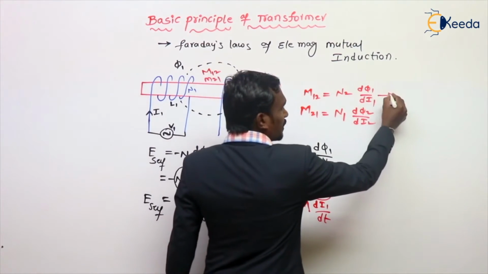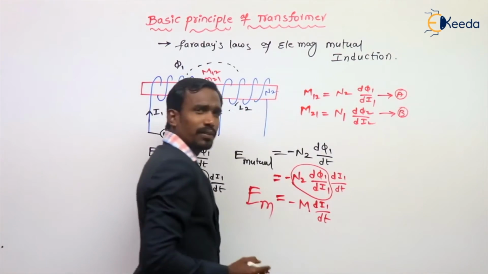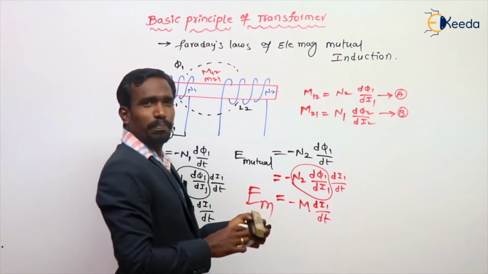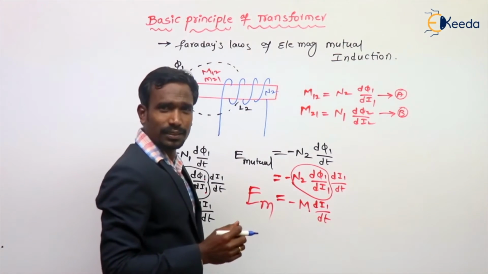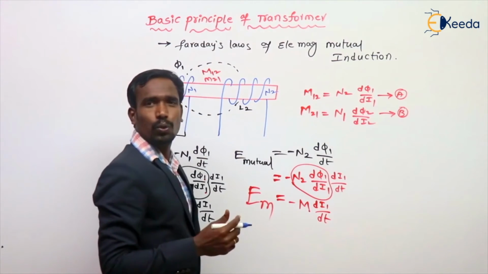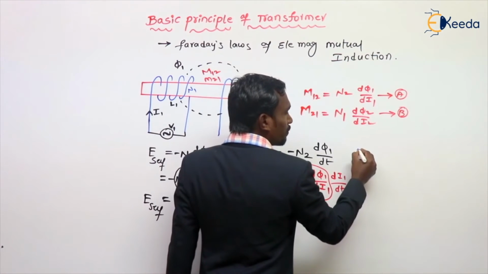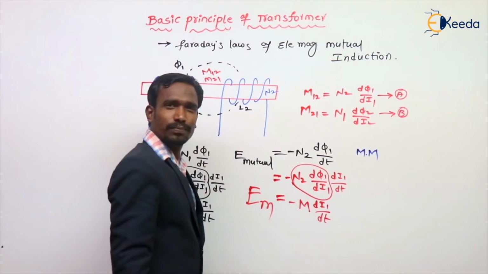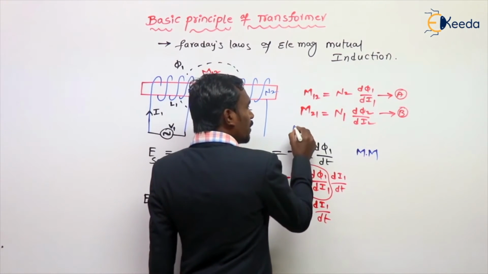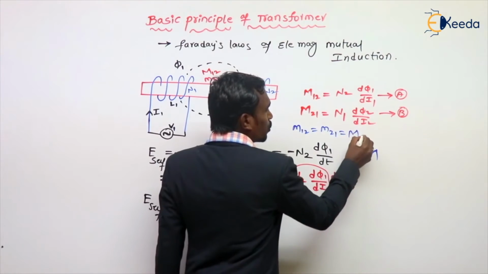For example, this is equation A and this is equation B. Then multiply equation A and equation B. M12 times M21 is nothing but M into M. For example, M12 is equal to M21 is equal to M.